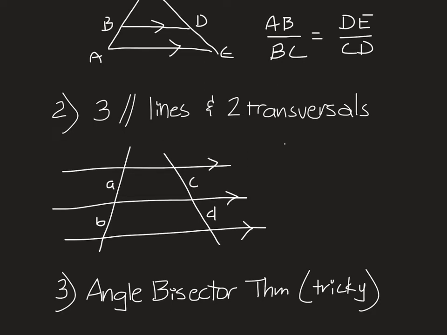All right, so if we have three parallel lines, then A is to B as C is to D.